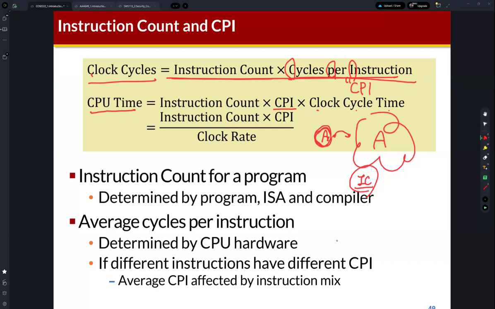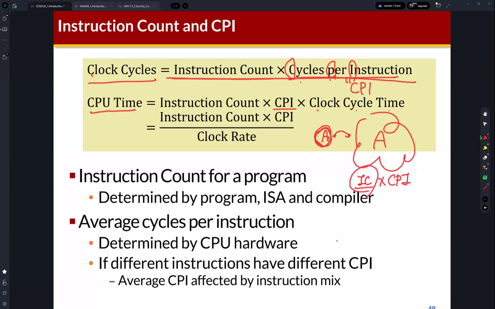So a CPU takes a different number of cycles per instruction. That's why we mention cycles per instruction, the average number of cycles per instruction. So you can define the clock cycles for running an application as the instruction count multiplied by CPI.